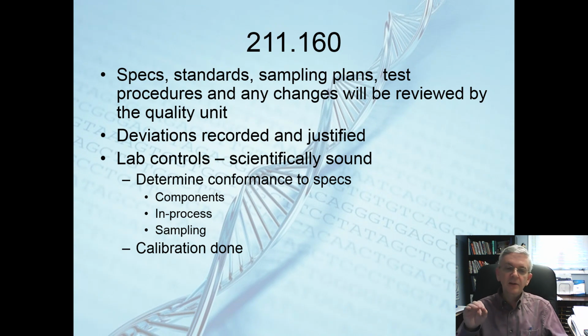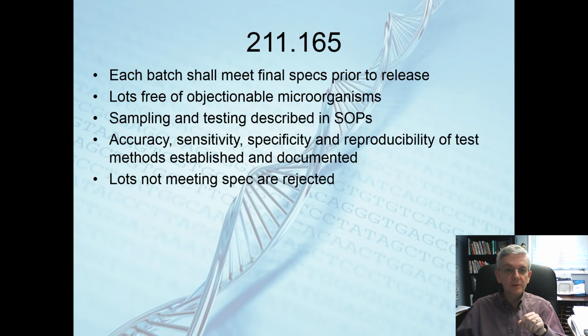You can't have a laboratory in operation, whatever it is, without scientifically sound controls in place. Determine conformance of your product to specifications, whether it's your component, your in-process material, your stability, your sampling is accurate, whatever it happens to be, and your lab equipment is calibrated to the standards that you need to do it.